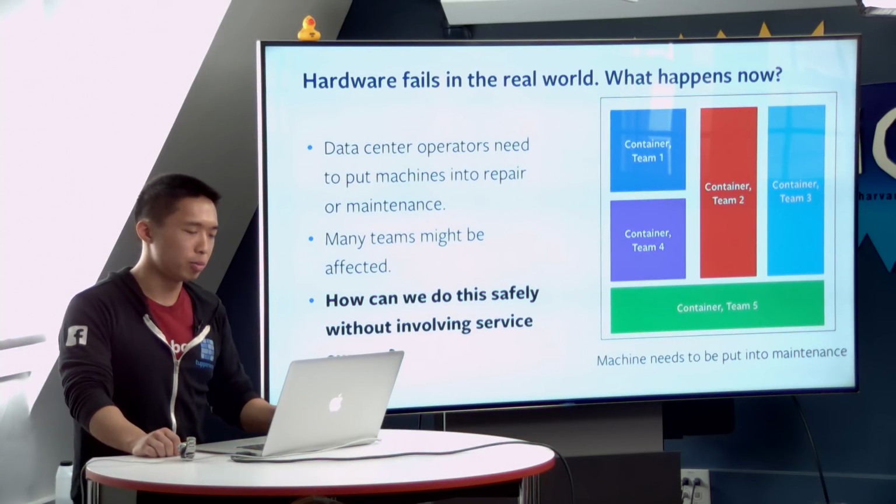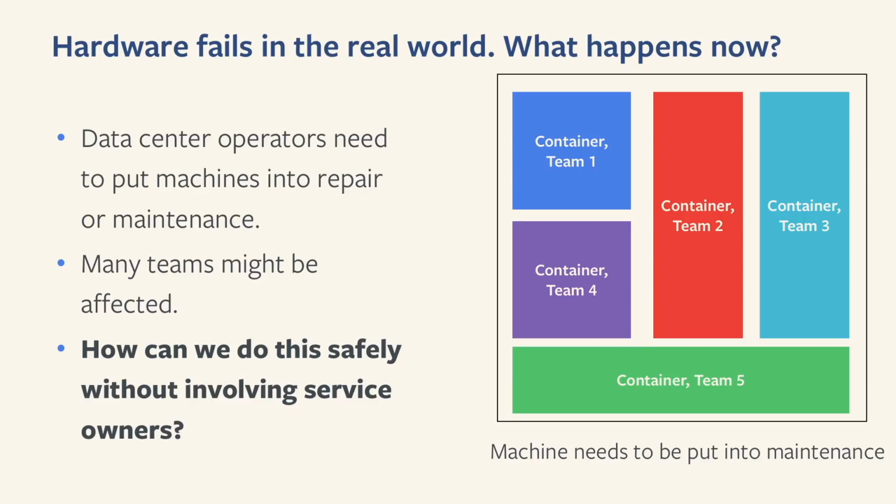So another issue you might have is hardware fails in the real world. So data center operators need to frequently put machines into repair because the disk drives are failing, or the machine needs to be rebooted for whatever reason. The machines need to be replaced with newer generation of hardware. And so they frequently need to say, I need to take 1,000 machines into maintenance. But on those 1,000 machines might be many different teams' services running.